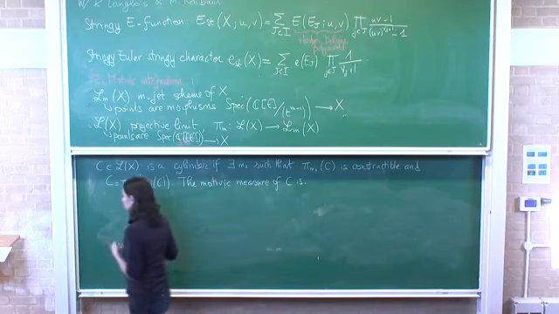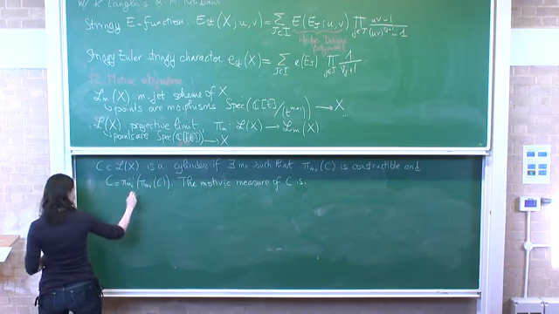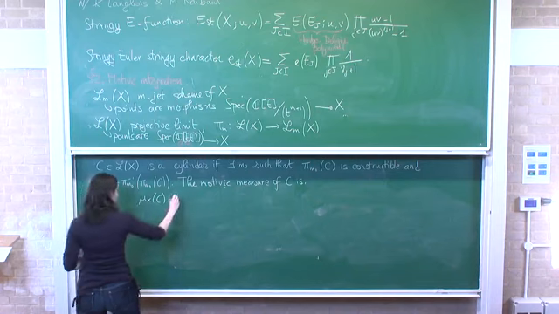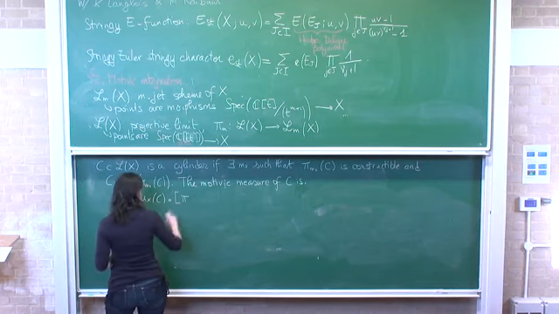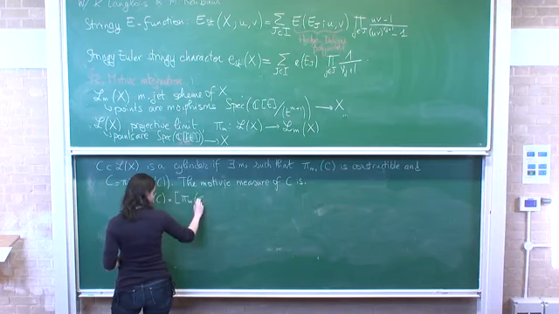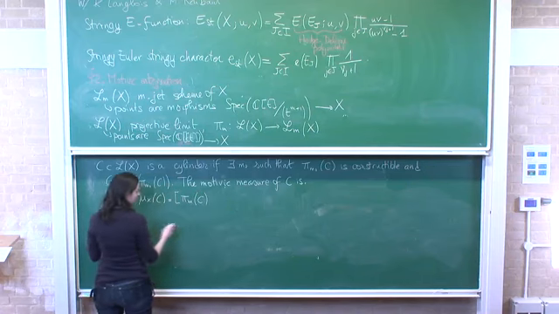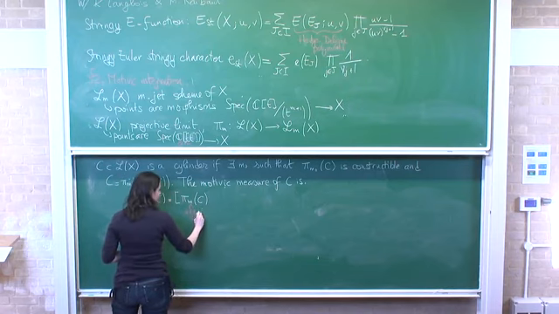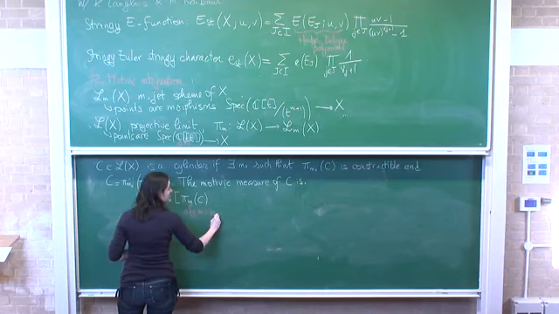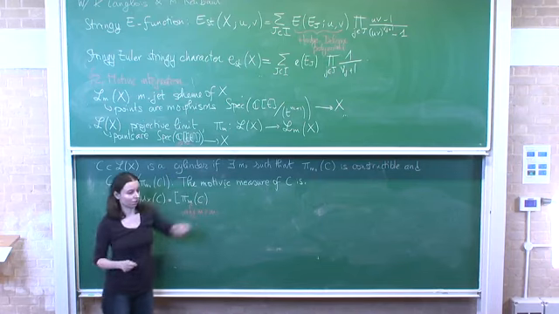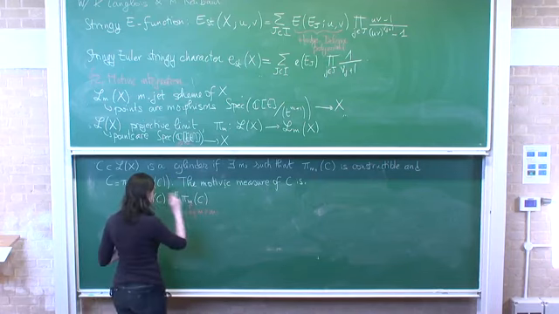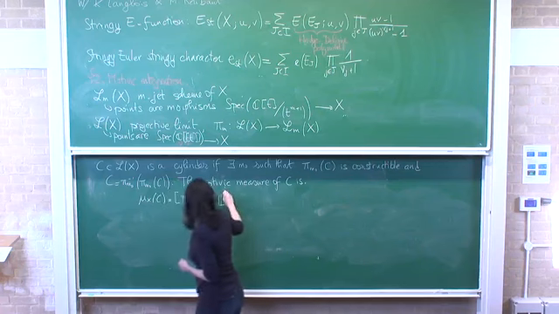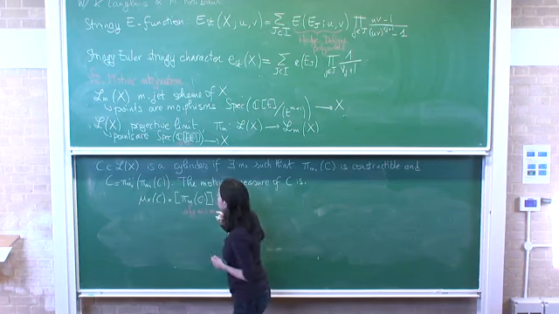To define it, I take the class of pi_m of C, where m is any integer larger than the m0 for which I get a constructible set. And then I multiply by L to the minus md, where d is the dimension of X.